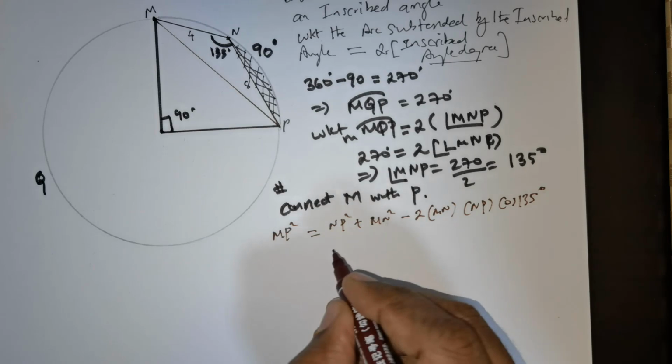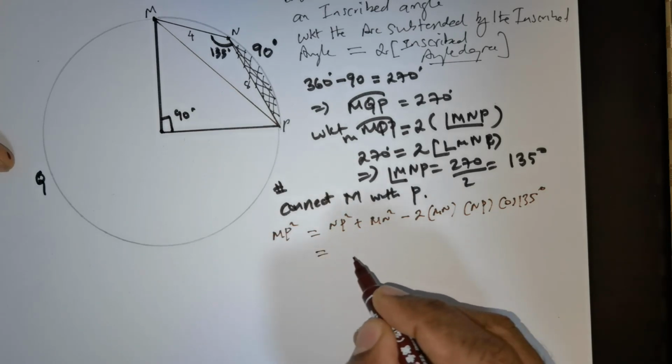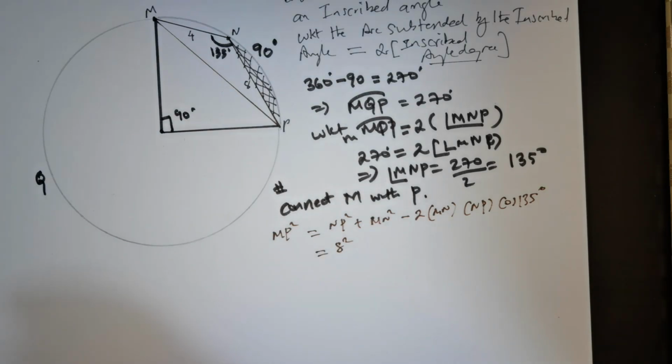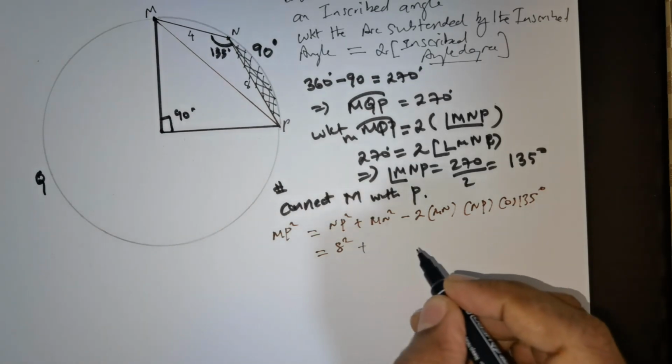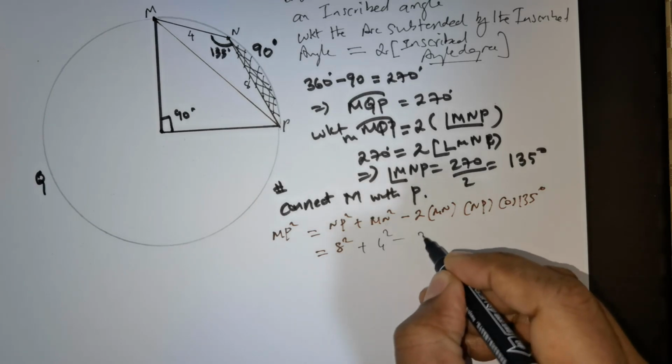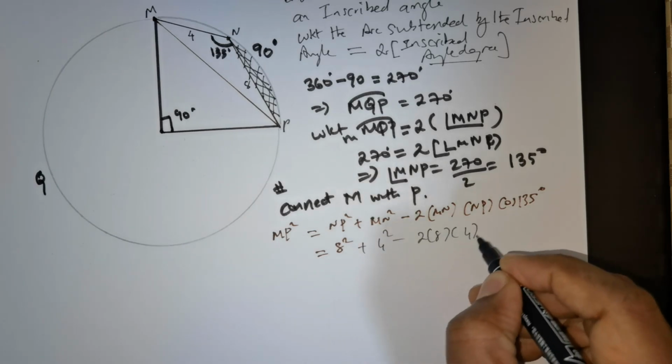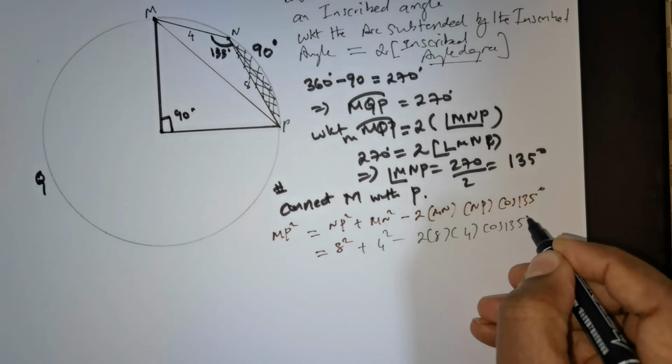Okay, so NP squared is 8 squared and MN squared is 4 squared minus 2 times 8 times 4 times cos of 135.